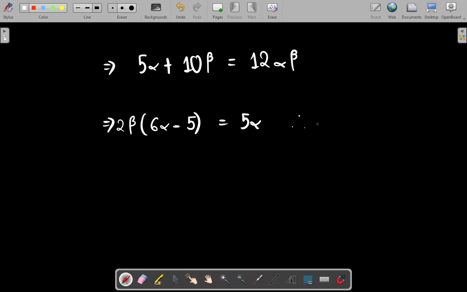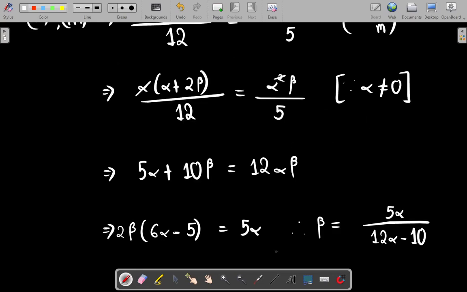So beta is equal to 5 alpha upon 12 alpha minus 10. I think everything is correct so far. This is the value of beta here.